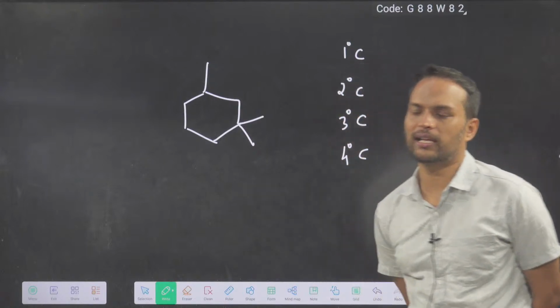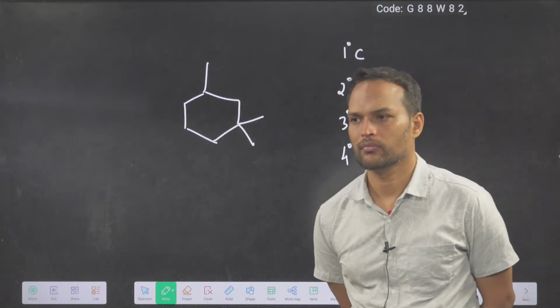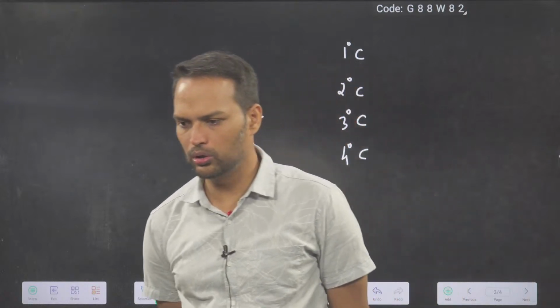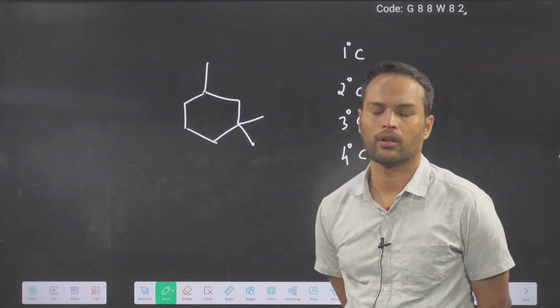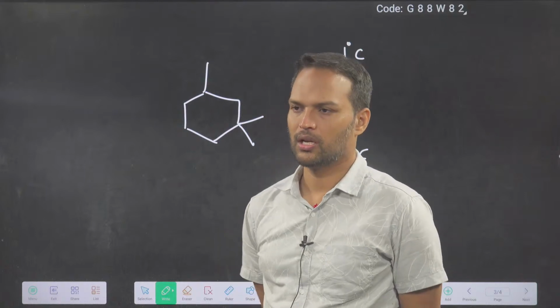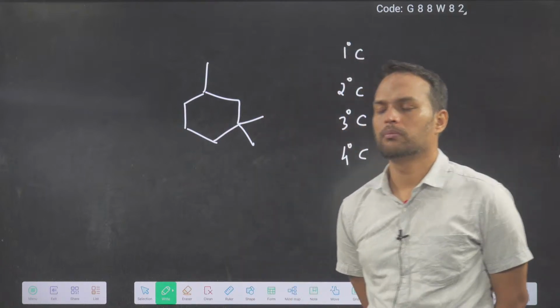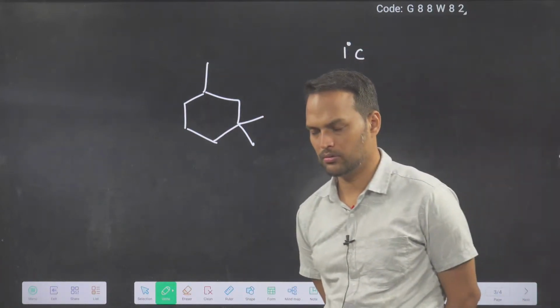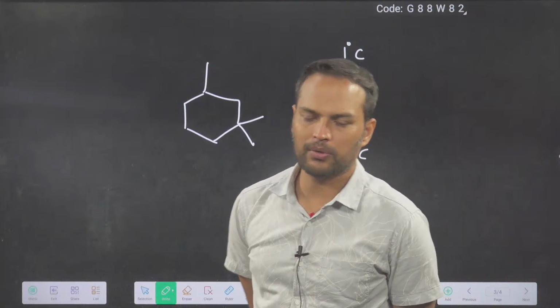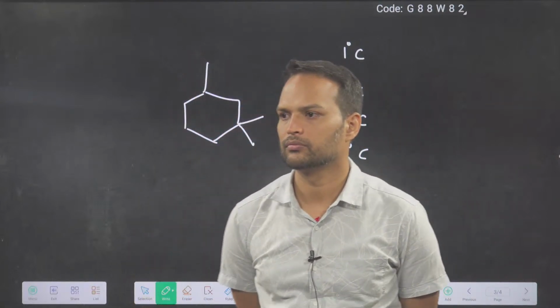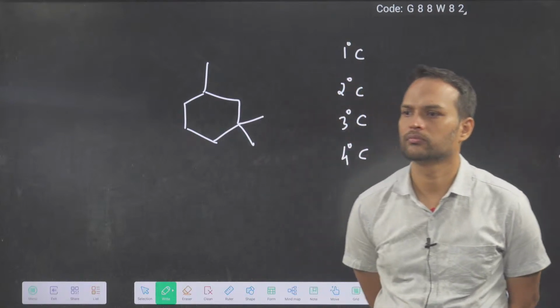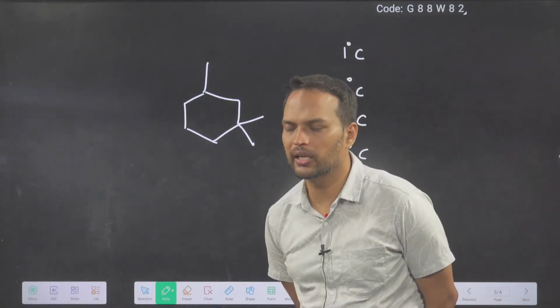Everyone try to do on your own quickly. I am giving you time. Degree of carbon simply means how many carbon connected. I am explaining the same thing again and again.